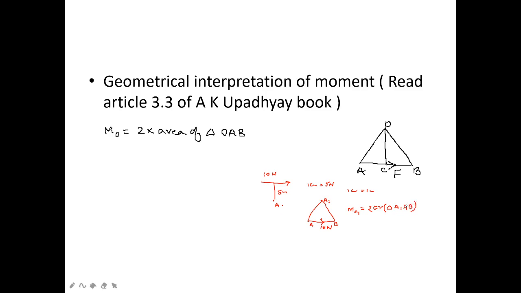This will give you the moment of this force about point A1. So this is the geometrical interpretation of the moment. For details, you can read article 3.3 of A.K. Upadhyaya Applied Mechanics book.